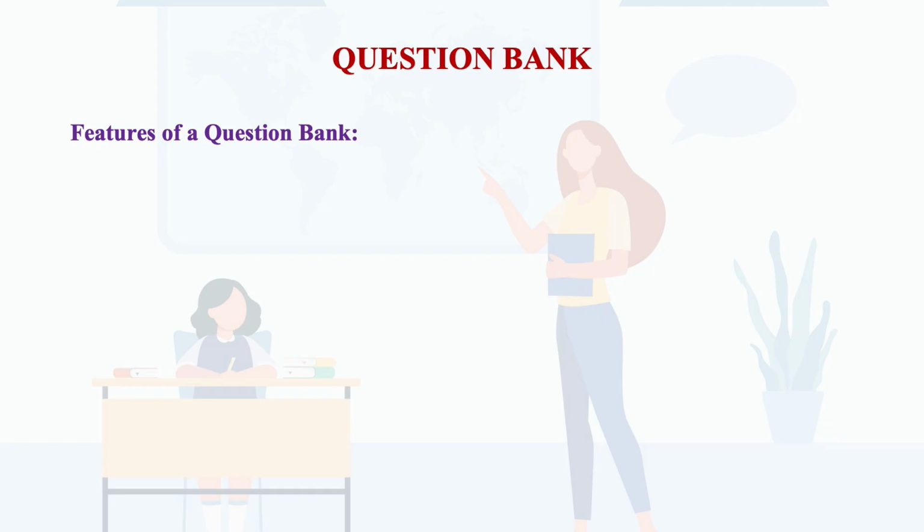Let us go forward to understand about question bank. So friends, a question bank is a collection of certain questions. It may be objective type questions, short answer type questions, or essay type questions, and it is a bank of questions. You will find that hundreds or thousands of questions are prepared and kept in one place.